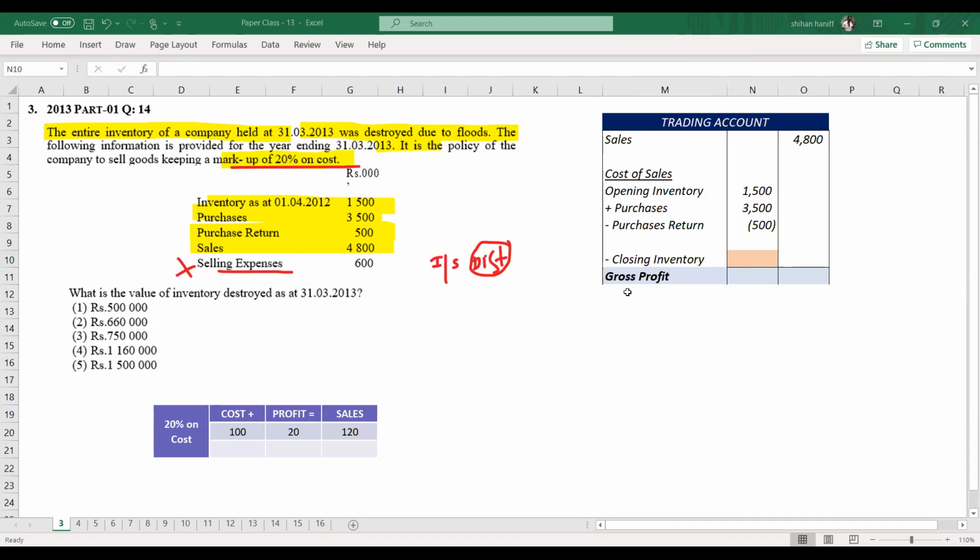What is the closing stock? What is the value of inventory destroyed? Now the sales value is 4,800. Sales is equal to 4,800, that means 120 is equal to 4,800.